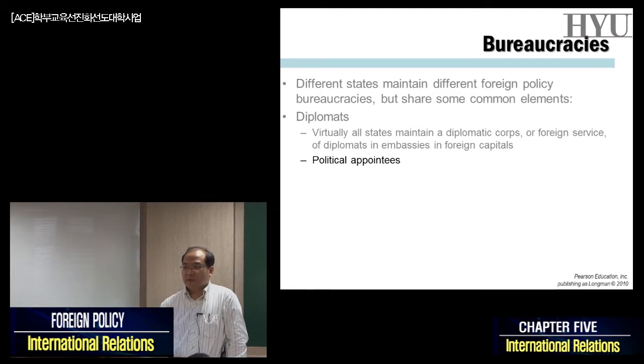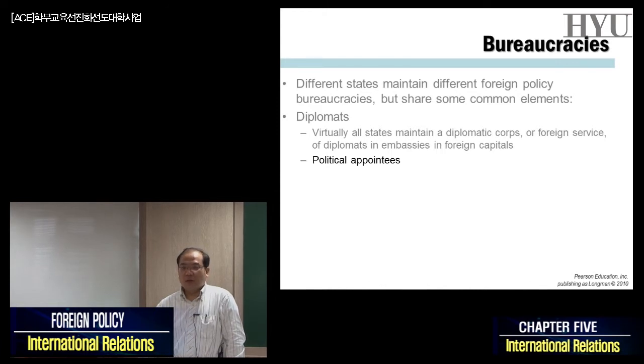Sometimes there is conflict or rivalry within the foreign ministry. The State Department has all kinds of different lines. Within the State Department, there are many diplomats, but diplomats have different orientations. Some diplomats have a pro-China orientation. Some have pro-Japanese orientations.